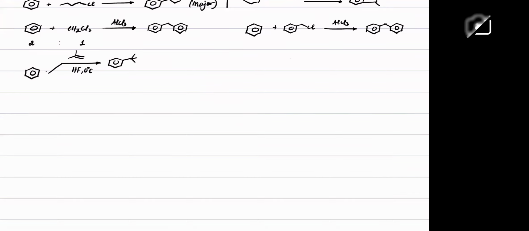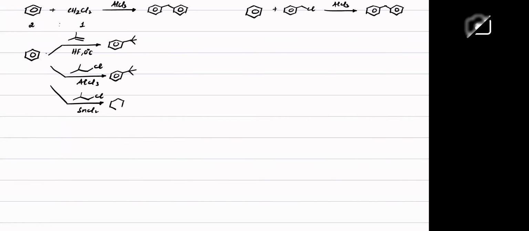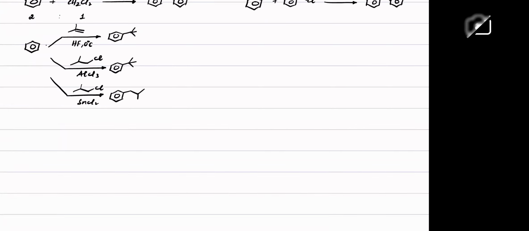And if you have alkyl halide with AlCl3, again you will make it as tert-butyl. But if you have Cl with SnCl2 or FeCl3, then you will not make any rearrangement, and this is the product you will make. Understood?